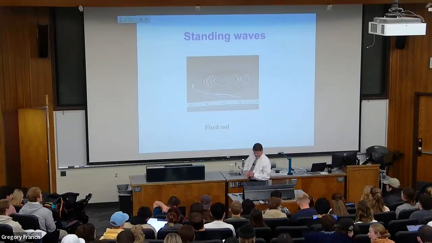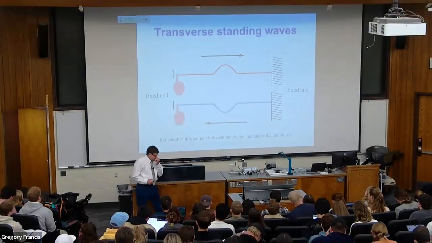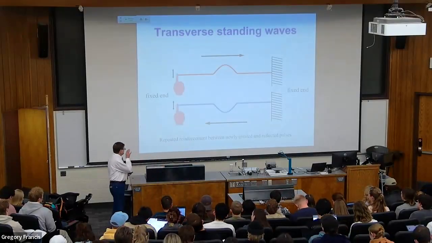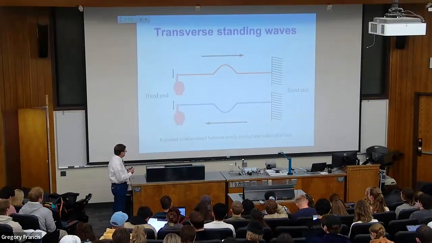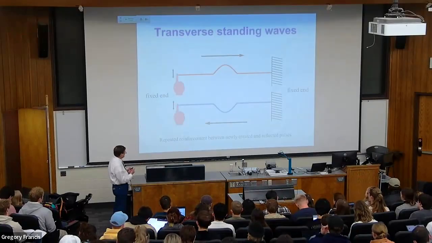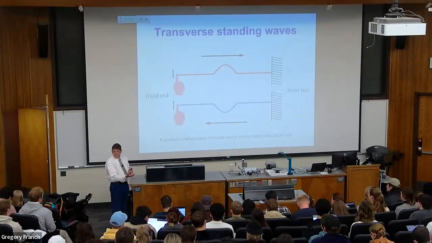So, I said this was a resonance phenomenon. If we think about what's happening there, if I send a pulse down that spring, when it meets that fixed end at the other end where it's tied to the podium, we know that it reflects inverted. It comes back on the bottom.